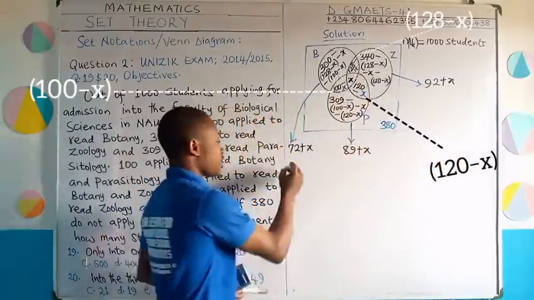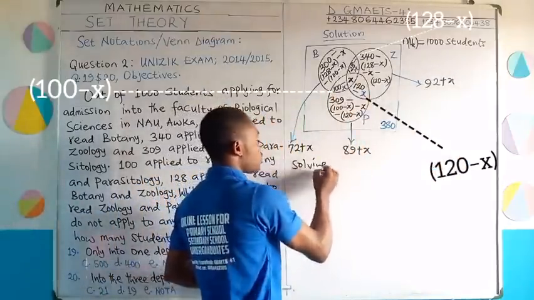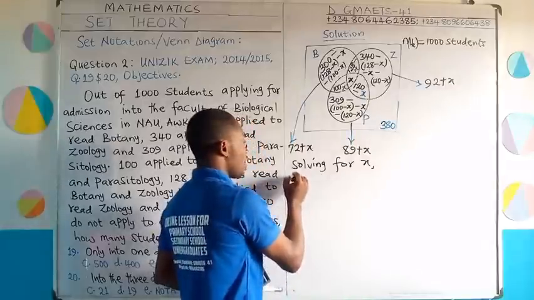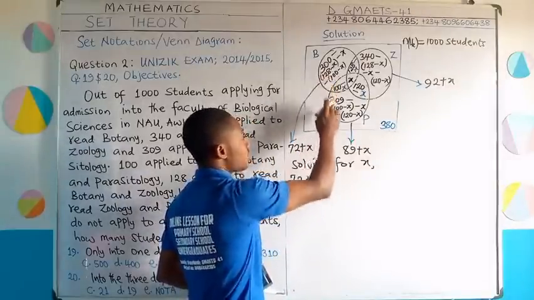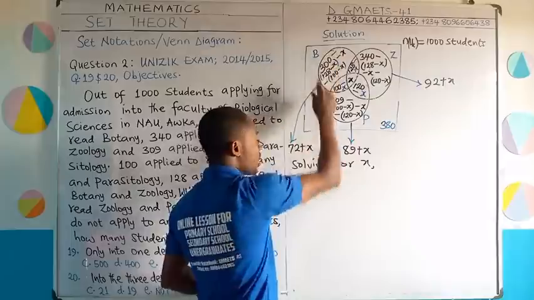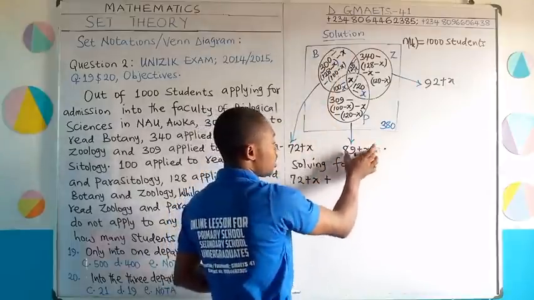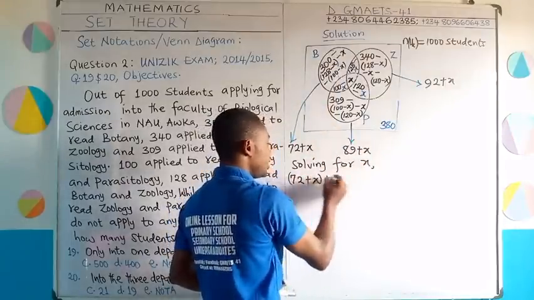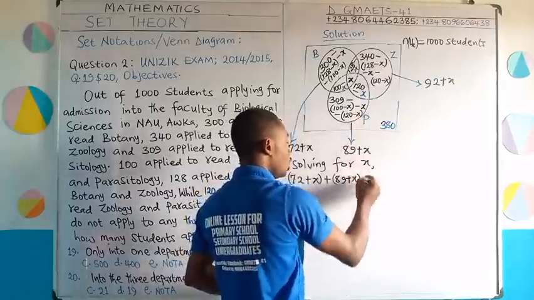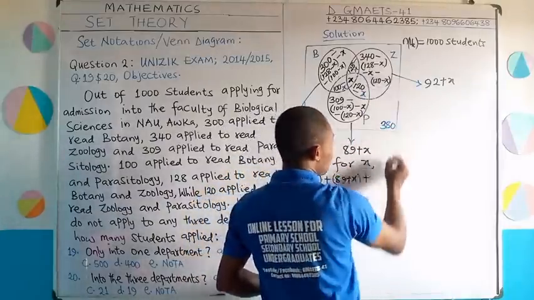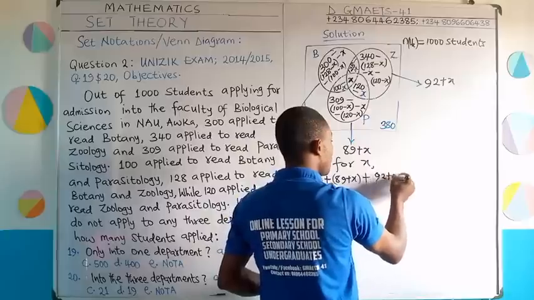I can now solve for x. Solving for x, this is going to give to us that 72 plus x, which is the number of students in the botany set only, then plus 89 plus x for parasitology only, plus that of zoology only, 92 plus x.